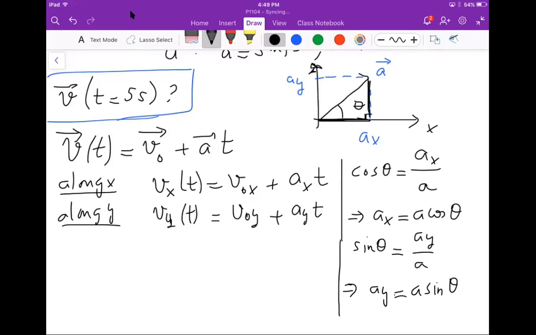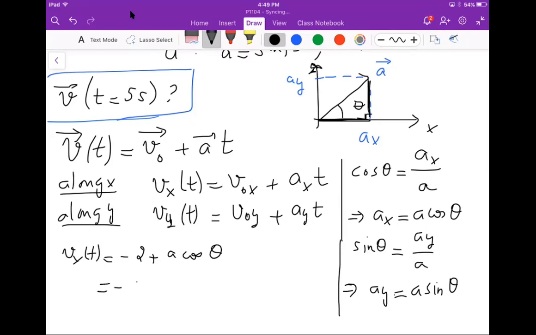So let's do it. Vx as a function of time is equal to V0x, which is minus 2, plus Ax, which is A cosine theta, times time.